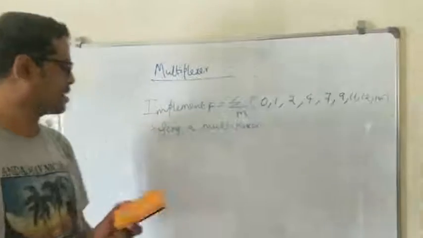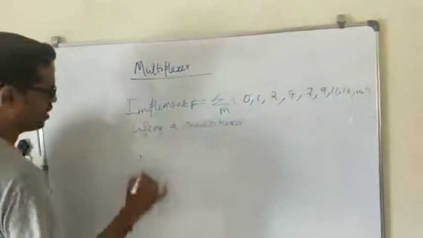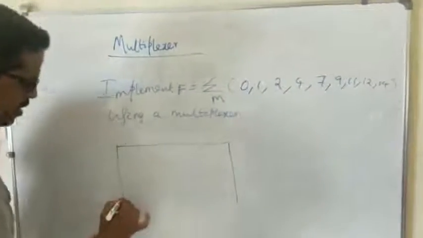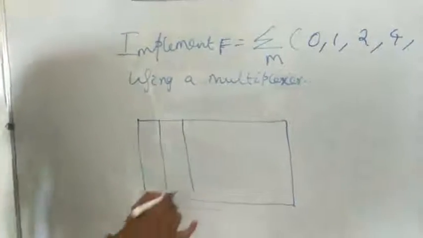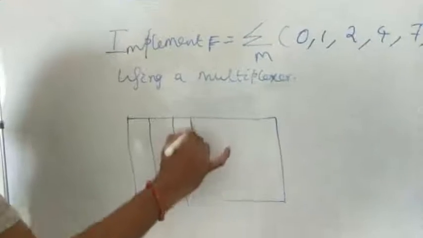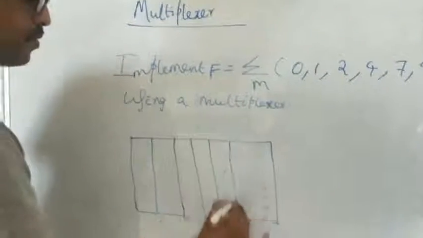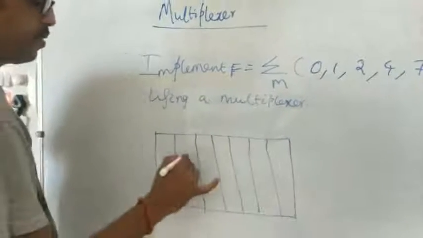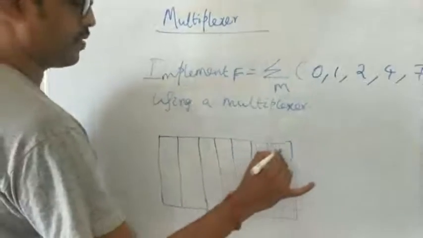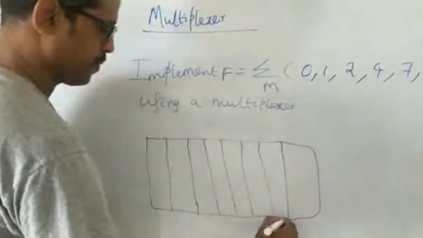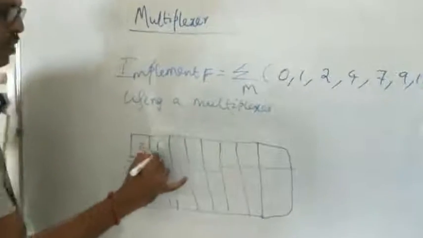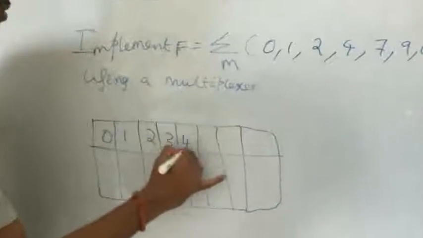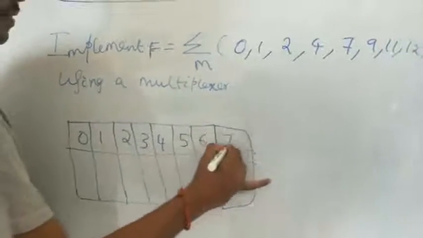In the previous example itself, I told you that in the first row we have to write all the minterms which start with 0. In the second row we have to write all the minterms that start with 1. So the first row is obviously 0 to 7, that is 0, 1, 2, 3, 4, 5, 6, 7.